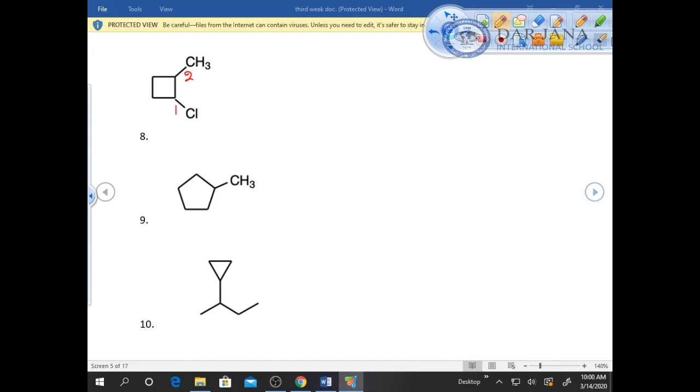It will be 1-chloro-2-methylcyclobutane, because the cycloalkane contains 4 carbon atoms. It's called cyclobutane.